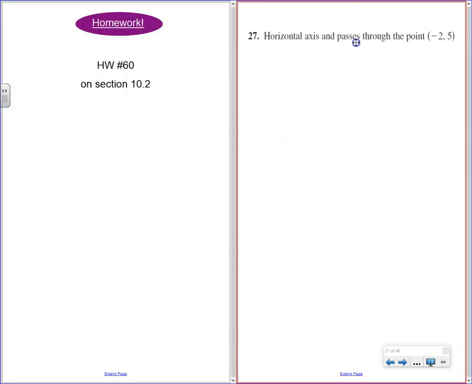Horizontal axis and passes through the point is the clue for number 27. What does it mean by horizontal axis? What's the axis of a parabola called? Axis of symmetry. So if the axis of symmetry is horizontal, which way is my parabola facing? Up, down, or right, left? Good.